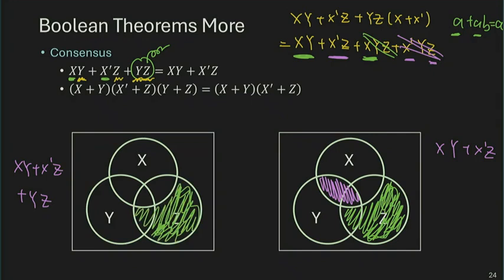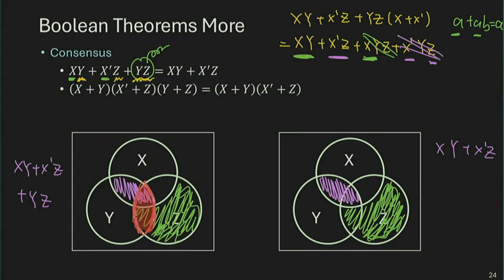But you have one thing that is additional. And that is this part, the intersection of yz. Right? But you see this intersection has already been covered in part by xy, and for the other part by x prime z.